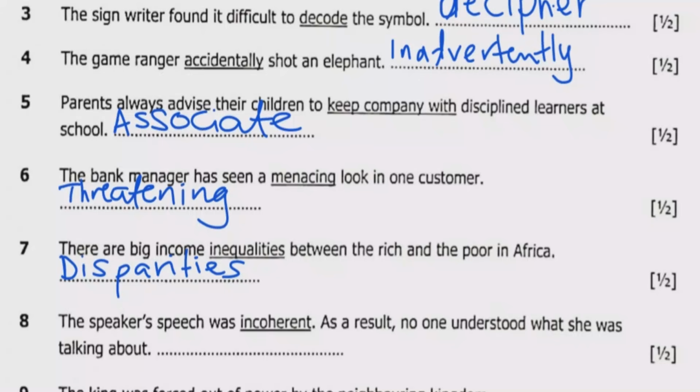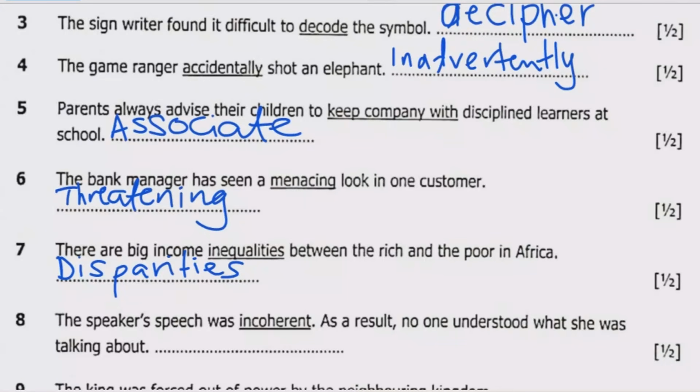Threatening is describing something that appears dangerous or likely to cause harm. We come to 7. What are disparities? Disparities are differences or inequalities, especially in terms of wealth or status.